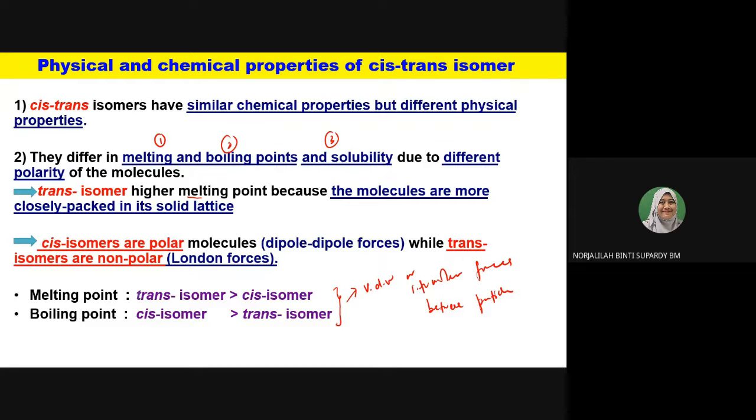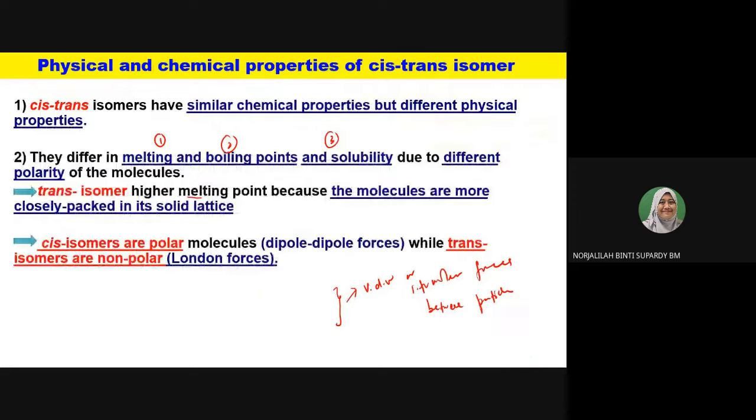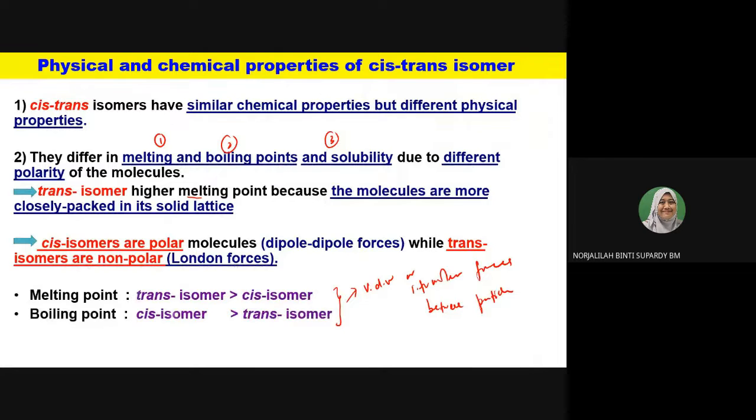For melting, you also need to check the stability of the solid lattice. So make sure that you discuss further in tutorial.